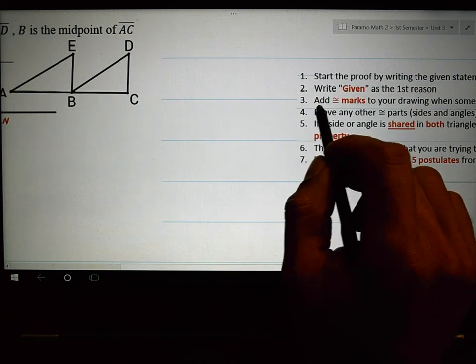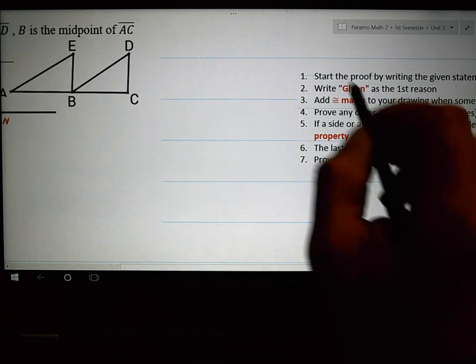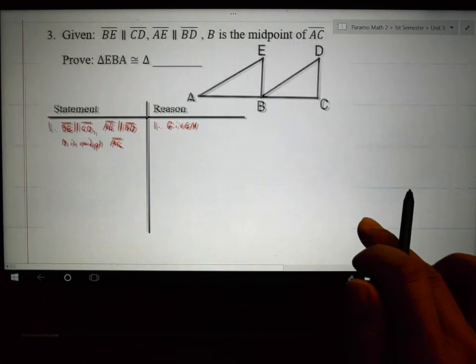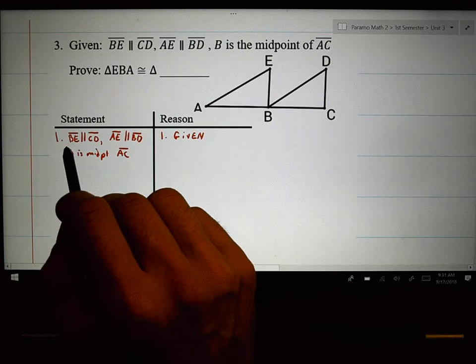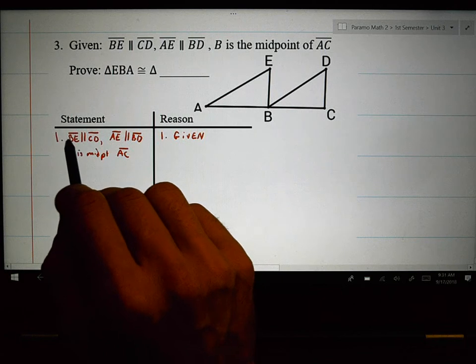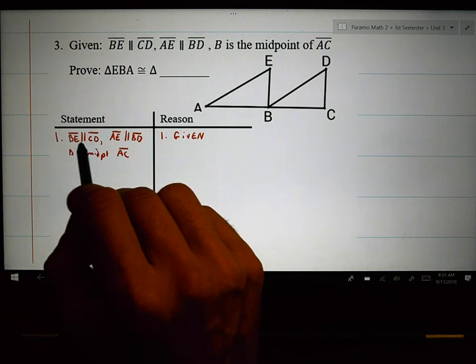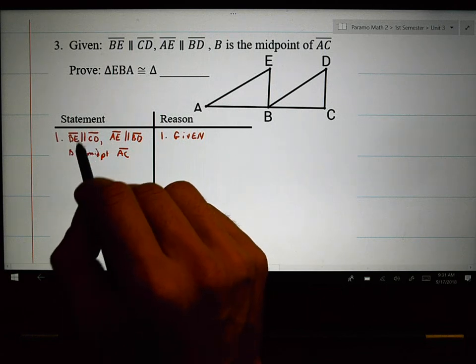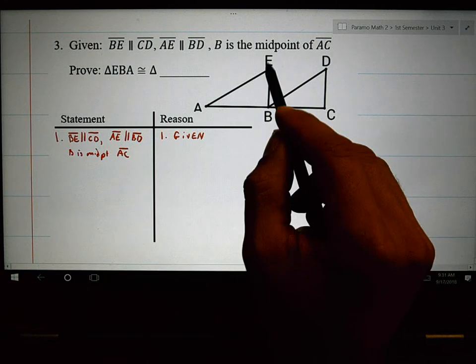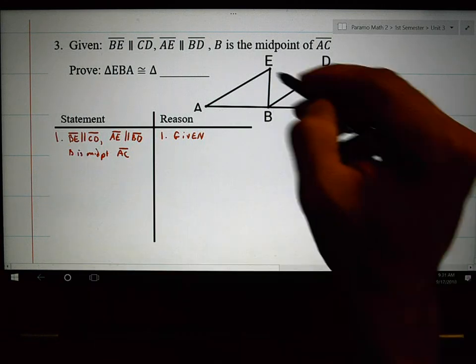Number 3 says we add congruent marks or any given information to our picture. So the very first thing that it has is it says BE is parallel to CD. That's not congruent. These two little lines mean parallel. BE is parallel to CD.